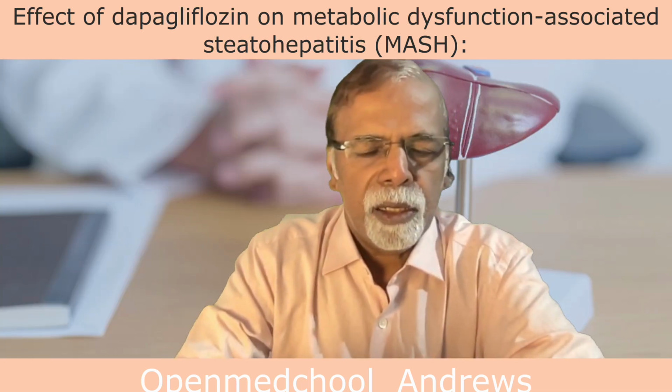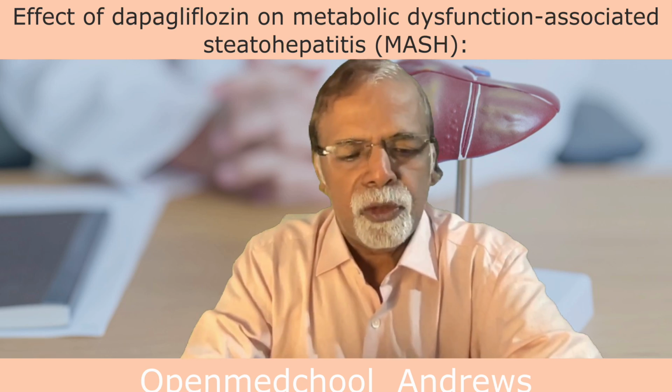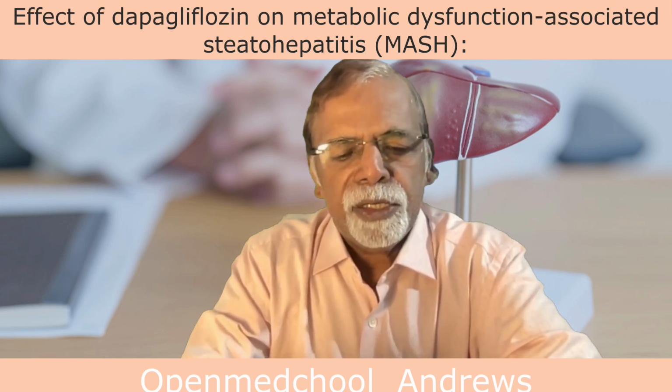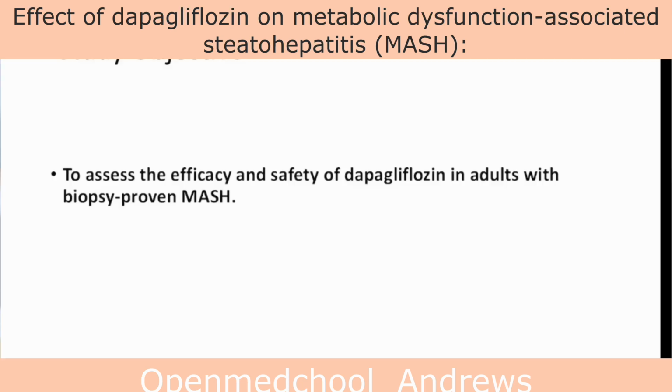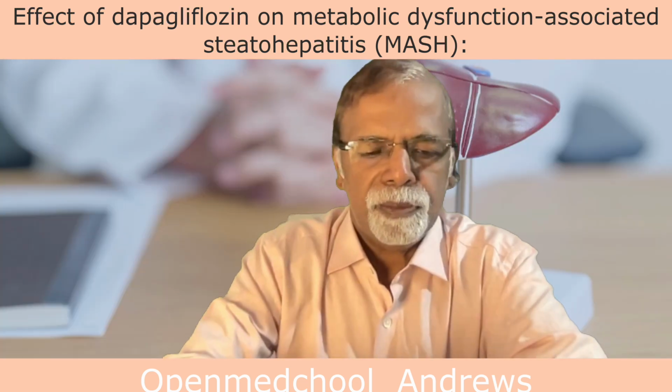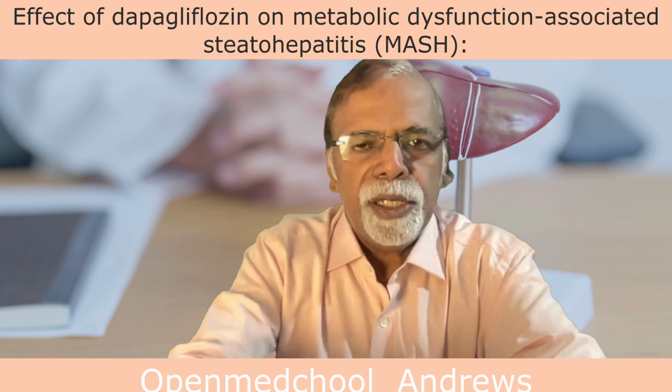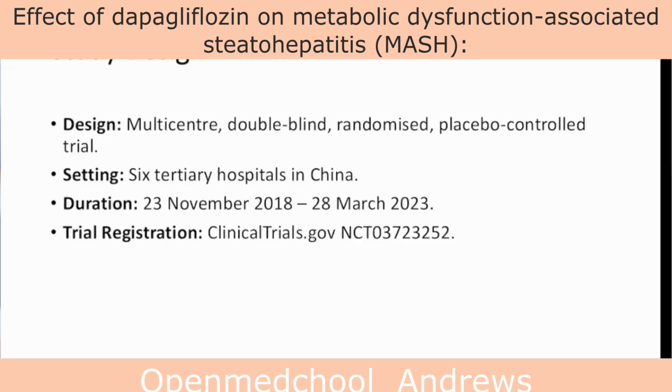In this trial, the objective was to assess the efficacy and safety of dapagliflozin in adults with proven MASH, proven by histopathology. The study design, as mentioned, was a multicenter, double-blind, randomized placebo-controlled trial in China between November 18 and March 23.